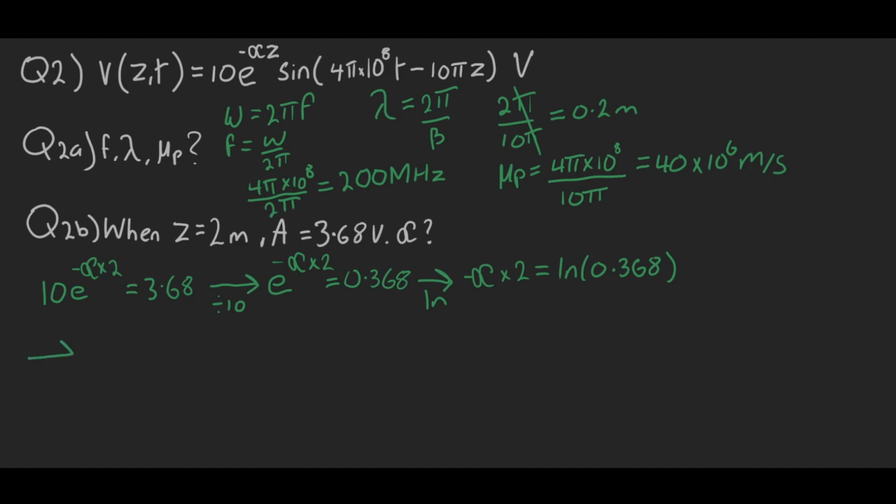What we want to do next is divide both sides by 2. So we have minus alpha is equal to ln 0.368 divided by 2. And one more step here is to multiply both sides by minus 1.